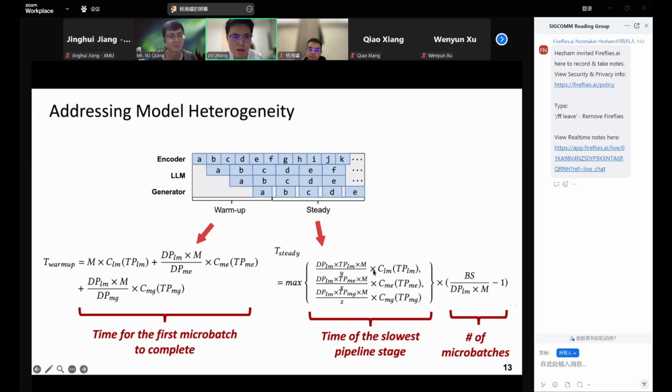I think it is solvable. But most of the time, as a system designer, you cannot define the workload. Okay, I see. Thank you.